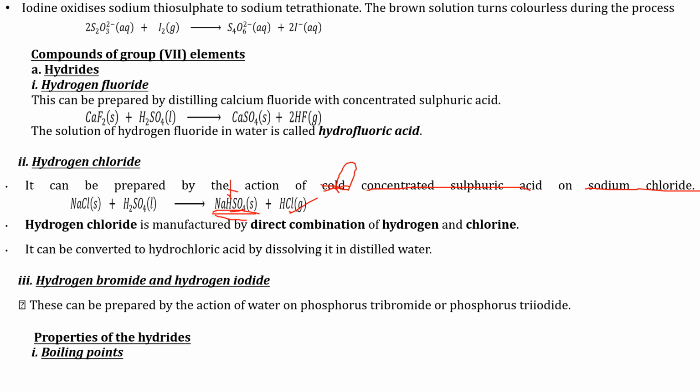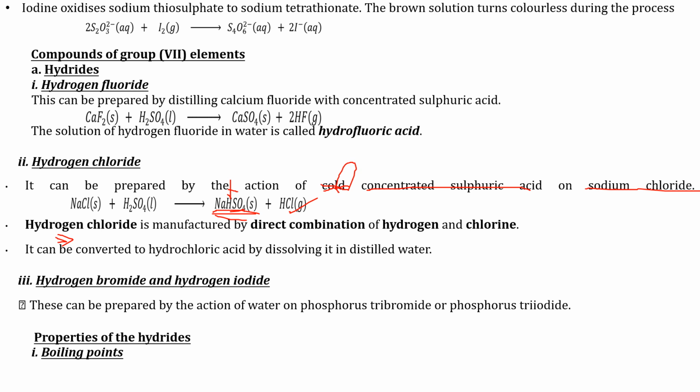And we are saying that hydrogen chloride is also manufactured by direct combination of hydrogen and chlorine. I didn't write the equation for this, but you can apply it in this area. We say that hydrogen chloride can be converted to hydrochloric acid by dissolving it in water.